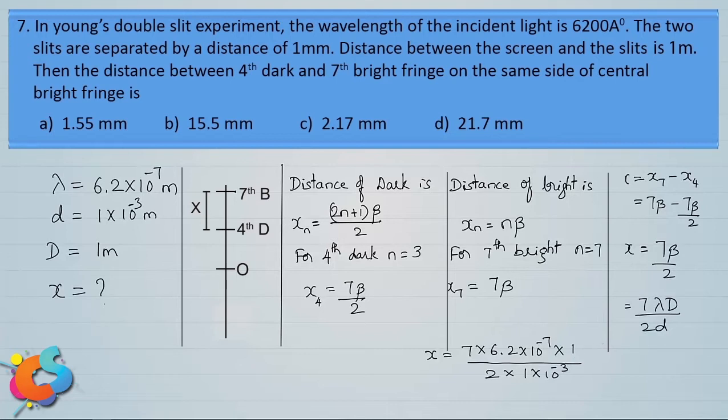So you can cancel the 2 with the 6.2, which gives 3.1. Multiply 3.1 by 7, which is 21.7. So it is 21.7 into 10 power minus 4 meter, which can be written as 2.17 millimeter. Therefore, option C is the correct answer.